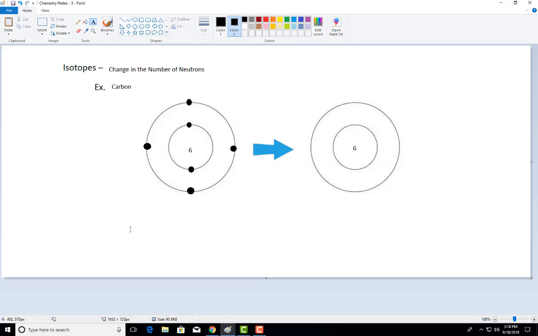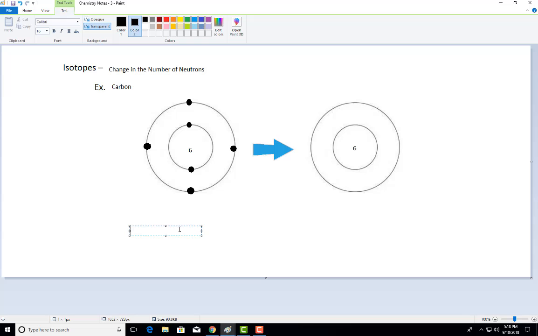So normally, this is something we call carbon 12. And where do we get that number from? Well, it's the number of protons plus the number of neutrons.